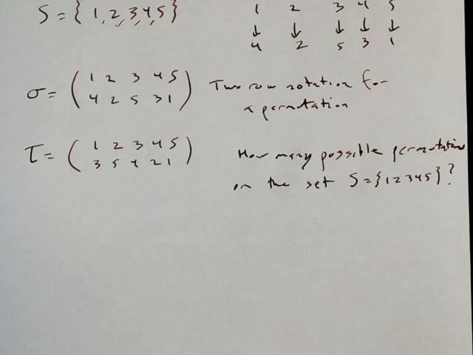I go from the set 1 to 5 to the set 1 to 5 by doing tau. I did sigma first, then tau. Wait a minute. Algebra class, pre-calc, calc, what do we call doing one function after another? Composition. It is a composition.